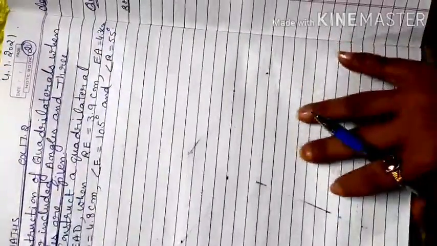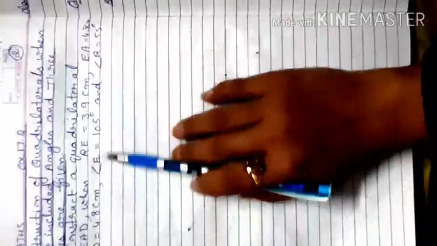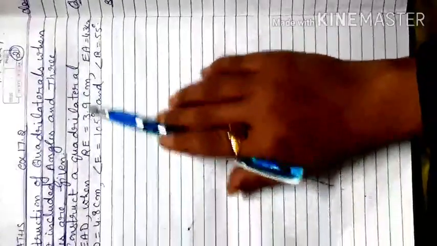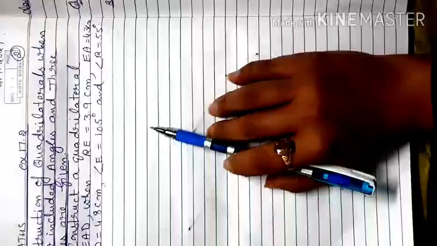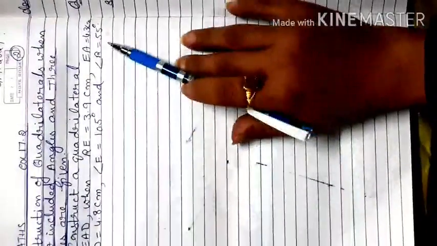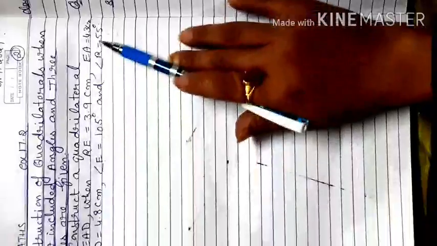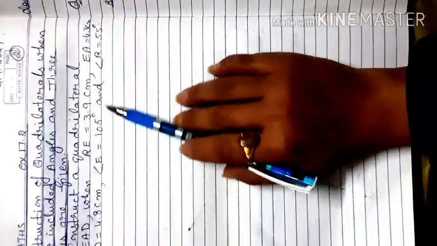Now next is question number 4. That is the construction of a quadrilateral when two included angles and three sides are given. What happens if two angles are given to you and the measurement of three sides is given to you? How will you draw that one? First you will check on which line these two angles lie, like RE, that is my selected line, 3.9.